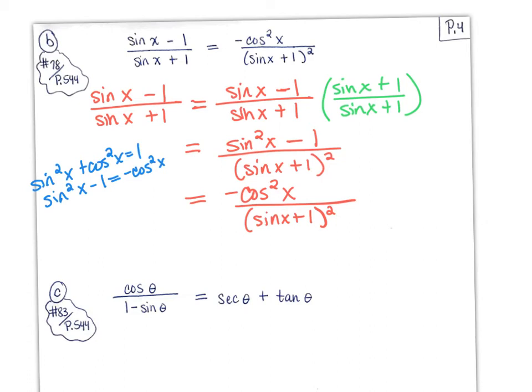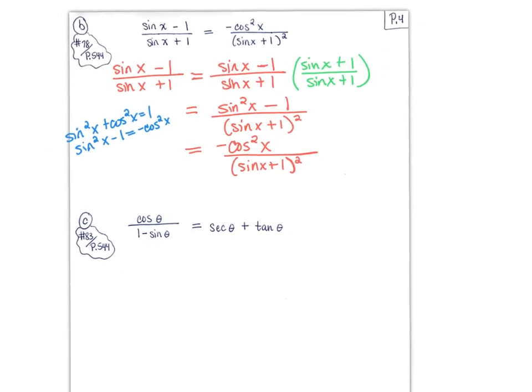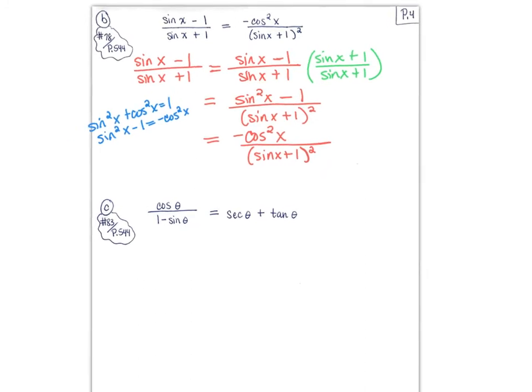Okay. Part C. Cosine of theta divided by 1 minus sine of theta equals secant of theta plus tangent of theta. We want to prove that this equation is an identity. Which side looks more complicated? The right side.